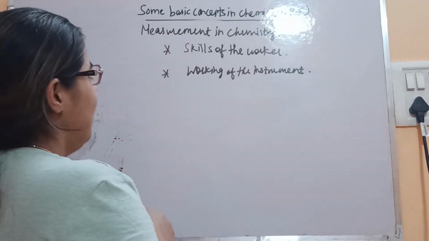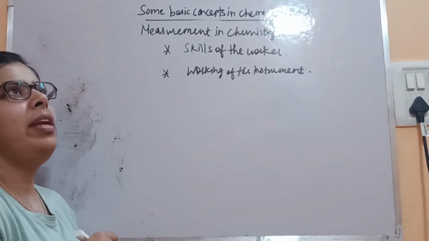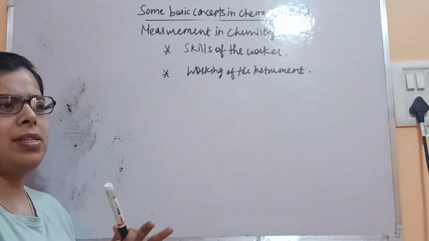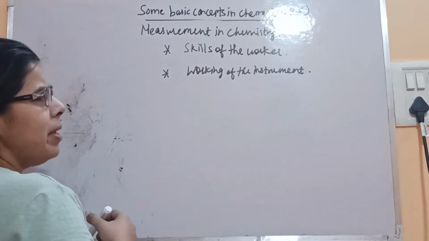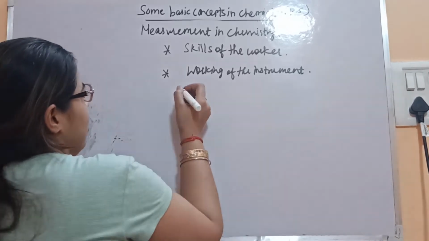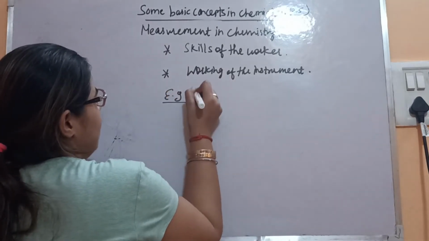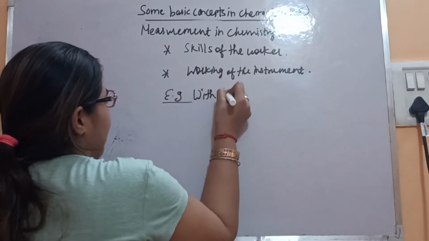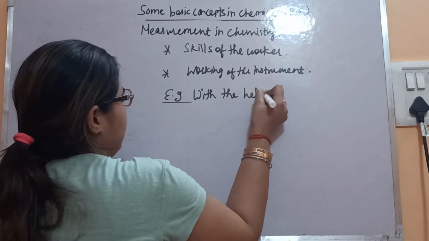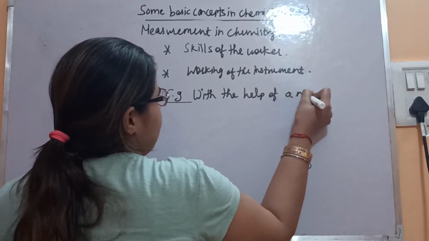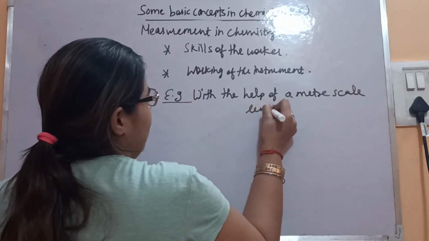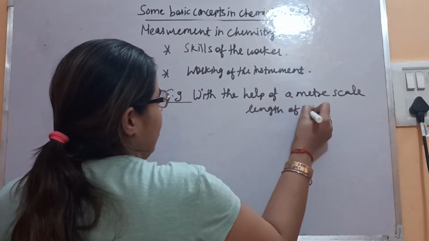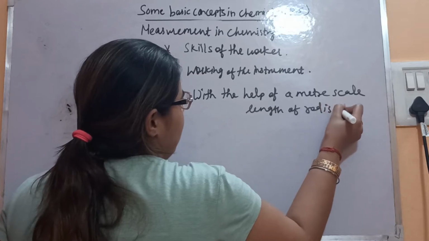For example, suppose we want to measure the length of the rod, this is our physics also. First we'll use the meter scale, and with the help of the meter scale the length of the rod is measured.